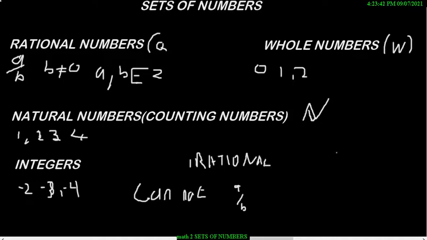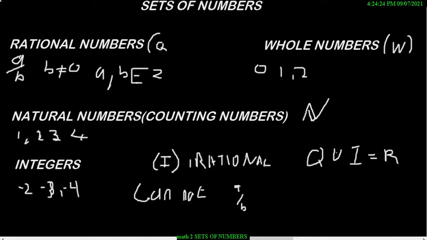One thing we need to know is that when you unite rational with irrational, where the symbol for irrational numbers is this, what we get are real numbers. Let's do that again. What we get are real numbers.